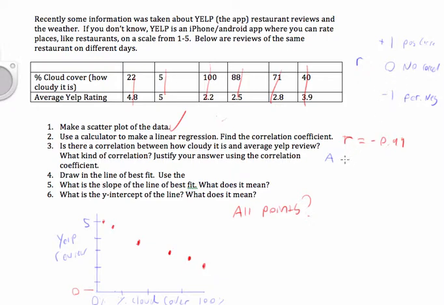So, an R value of negative 0.99 indicates a very strong negative correlation, which in the context of this problem means that as it gets cloudier, the reviews will definitely go down.